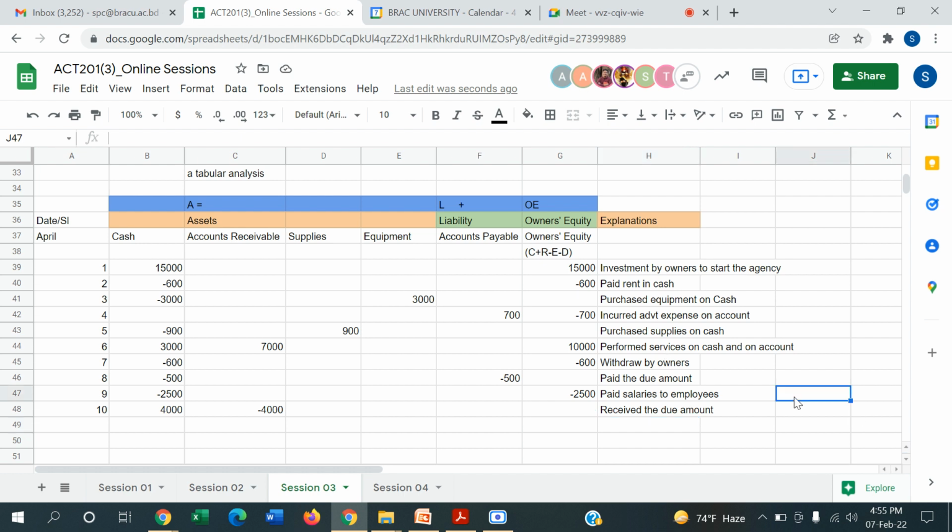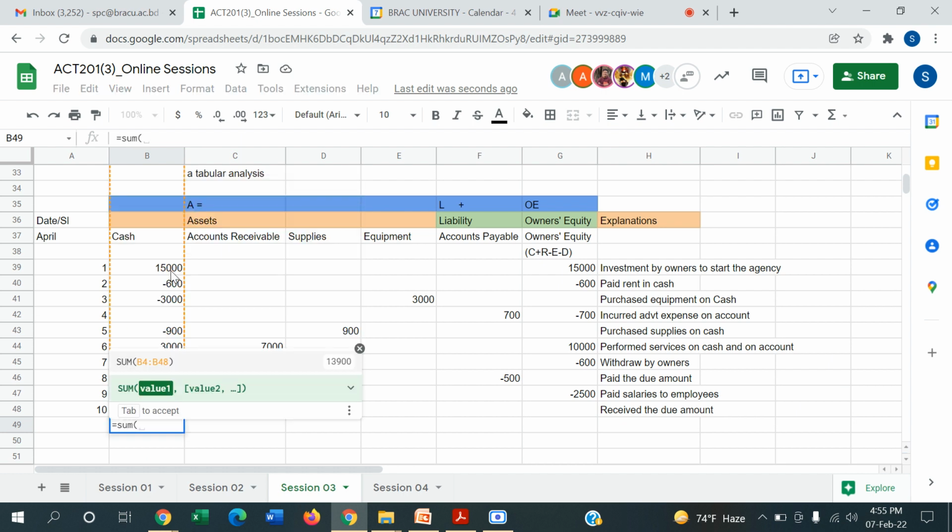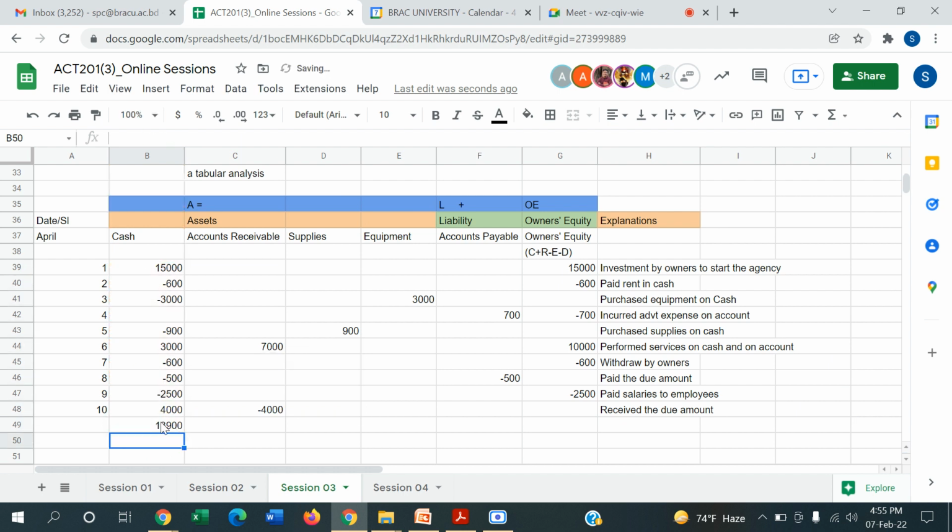That's how we can show the effect of each transaction in the accounting equation. And when we are asked to show the tabular analysis, after showing the effect of each transaction, we also need to find out what value remains for each account after considering all of these transactions. That means the summary of cash, accounts receivable, equipment, liabilities, accounts payable, and owner's equity at the end, after considering all of these transactions.